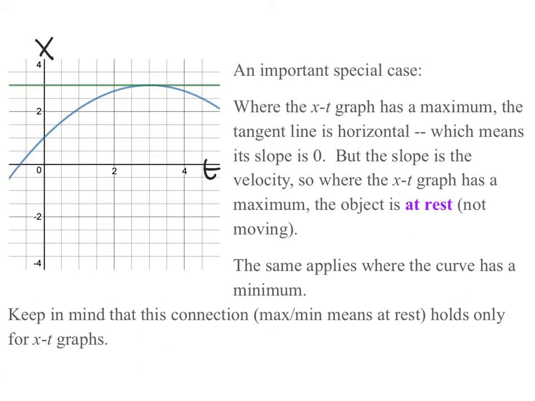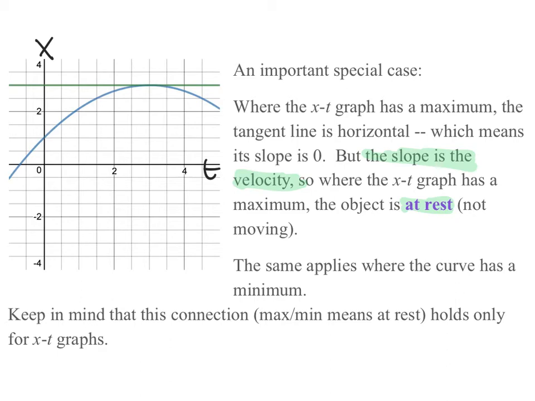And to remind you, the most important thing here, the slope of the tangent line is the velocity. So where the graph has a maximum, the object has 0 velocity and therefore is at rest. It's not moving. At that instant, just before it was moving, and just after it's moving again, but at that moment it has come to rest.